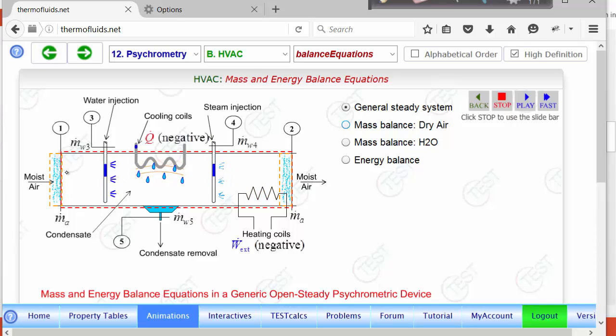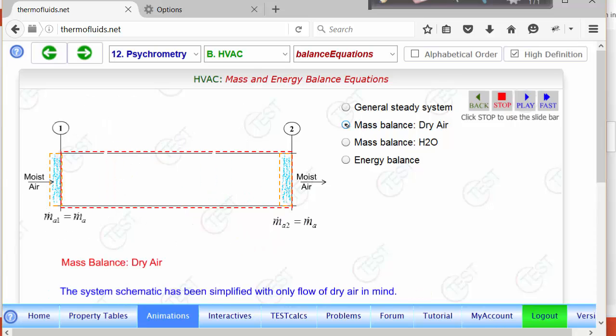Whatever dry air enters must be going out, because this water injection doesn't affect the dry air, heat transfer doesn't affect the dry air, steam injection or heating coil, none of them affect the dry air flow. So to understand dry air flow, we can get rid of all this extraneous stuff, and it boils down to dry air entering at state 1, going out at state 2.